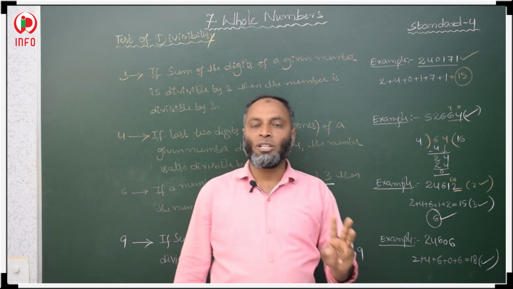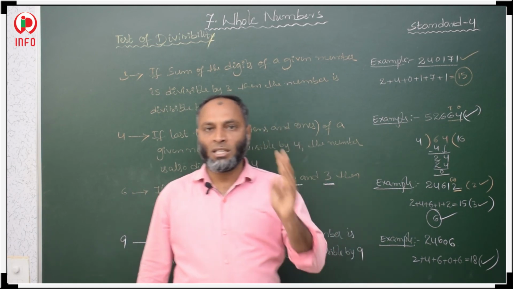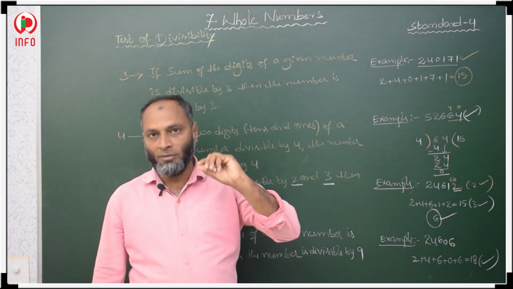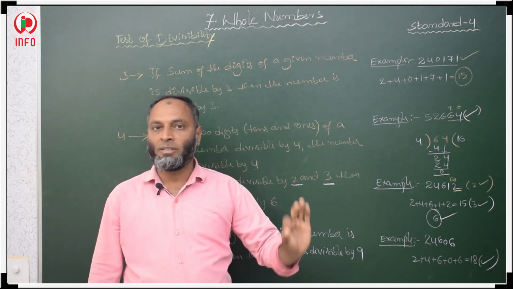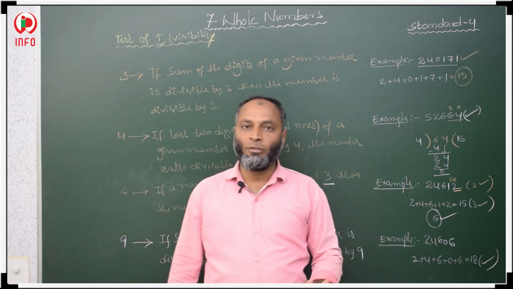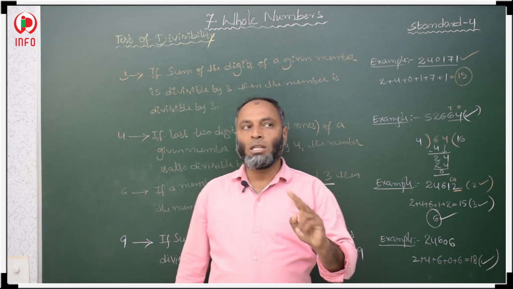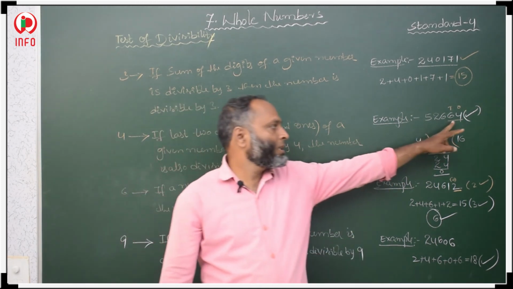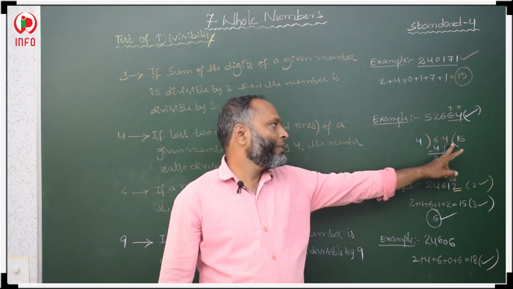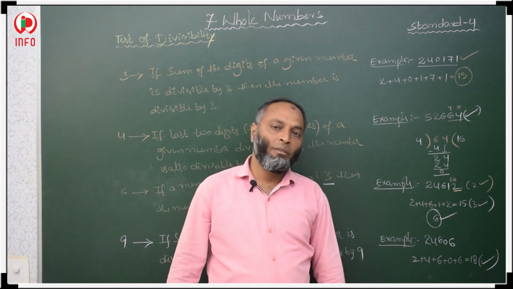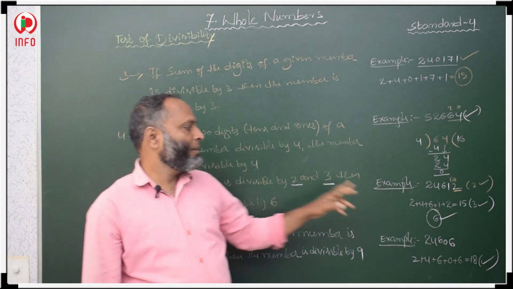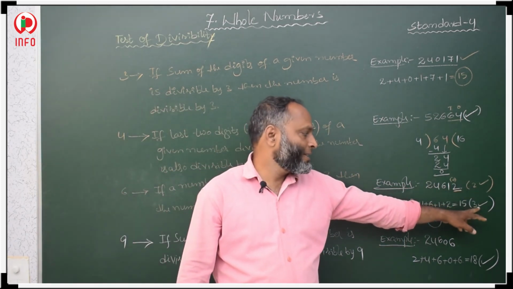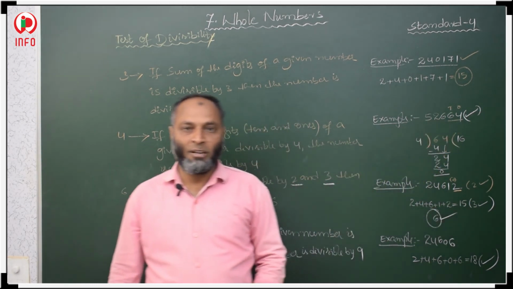For 3, how to check? If the sum of the digits of a given number is divisible by 3, then the number is divisible by 3. For 4, if the last 2 digits of a given number are divisible by 4, then the number is divisible by 4. Then 6: if a number is divisible by 2 as well as 3, then only the number is divisible by 6.